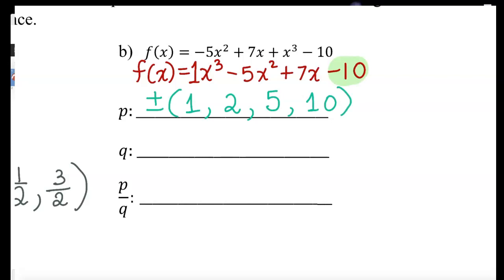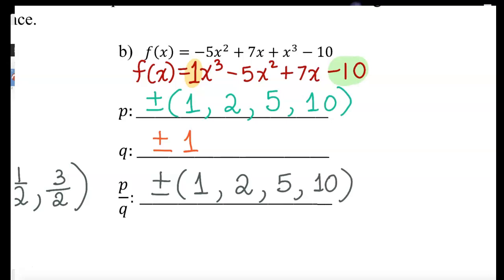Now I need to list all the factors of q, all the factors of the leading coefficient. But this one's super easy because leading coefficient is 1. The only number that divides 1 is just 1. So hey, p over q's will be easy. P over Q's will be just all these P's getting divided by Q. So 1 divided by 1 is 1, 2 divided by 1 is 2, 5 divided by 1 is 5, and lastly 10 divided by 1 is 10.